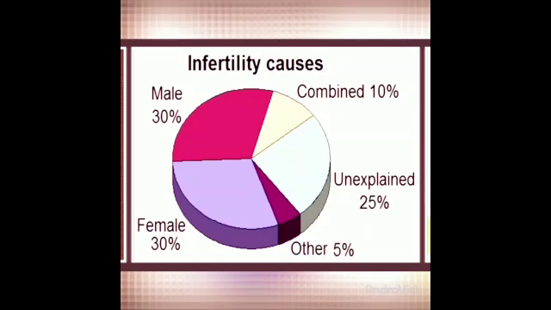When infertility is found in both male and female, the combined effect is 10%, and unexplained causes are 25%. Unexplained causes are those which the doctor doesn't diagnose, and others are 5%. So this is a graph for infertility causes.